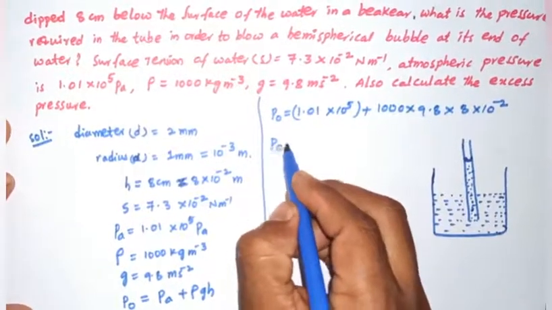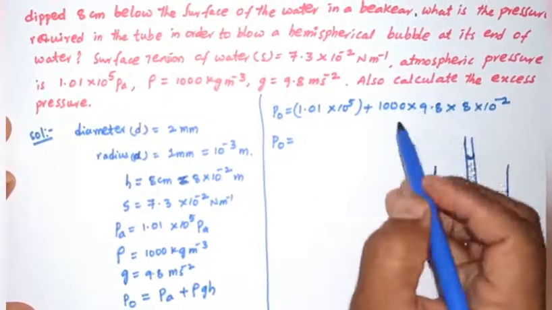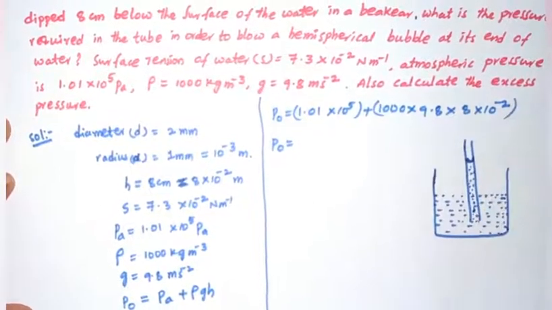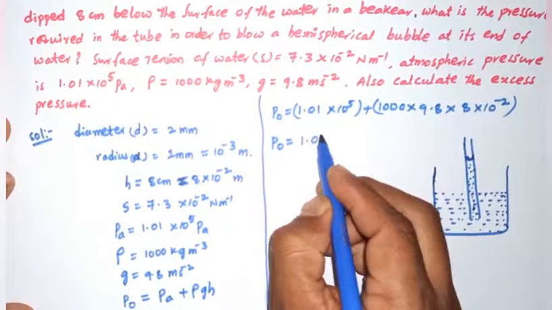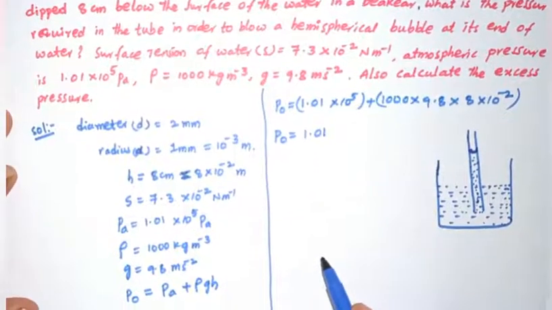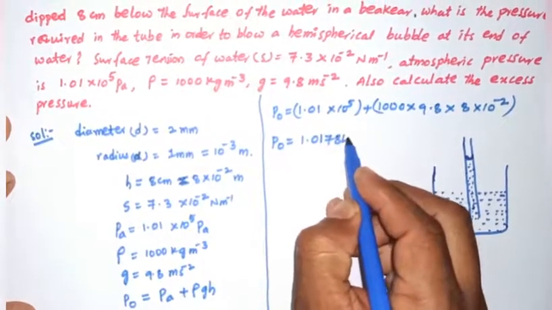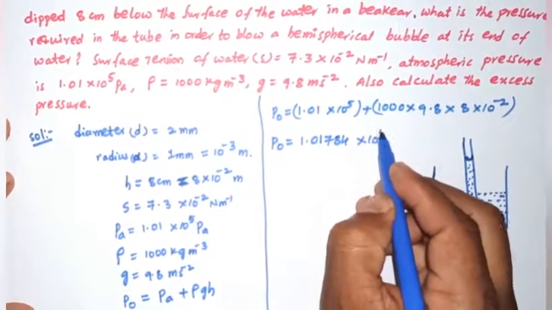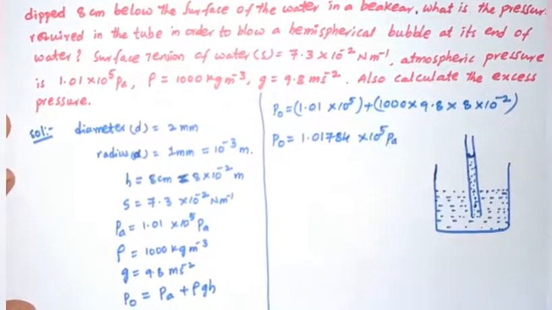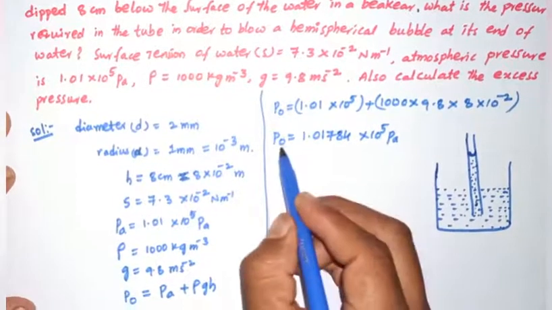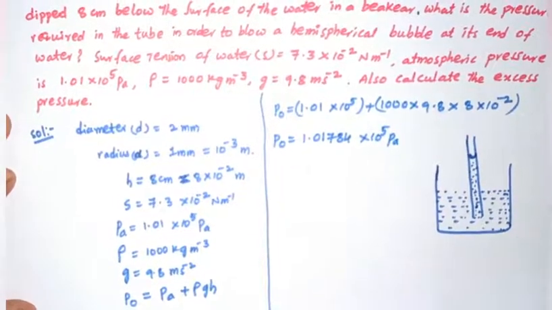Calculating this, it is 1.01784 into 10 to the power of 5 pascals. So this is the outside pressure.